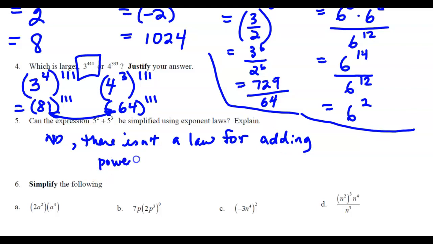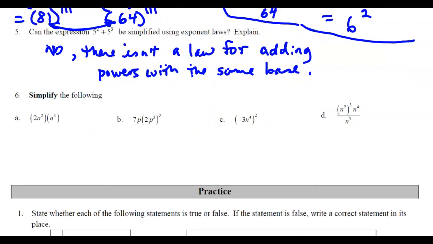Okay, getting into a little bit more with variables. When it says simplify, we reserve that word for when we have variables. It still means we might need to evaluate some of the number parts, but it really means there are variables in it. So here we've got 2 in brackets, 2a squared, the other bracket a to the 4th.